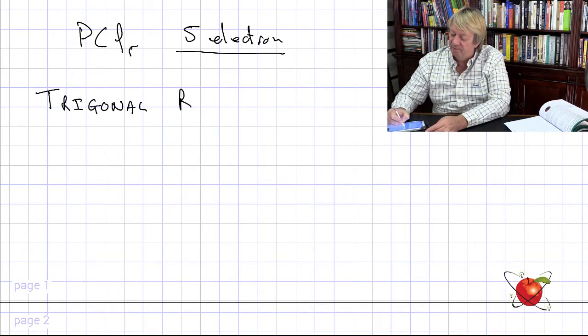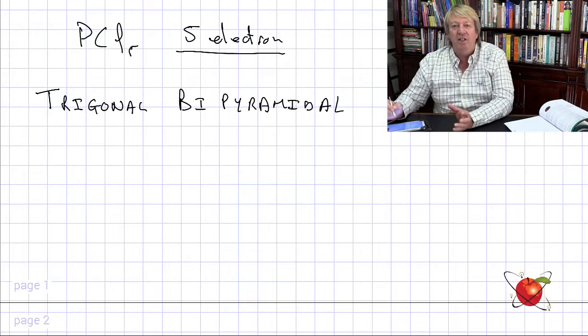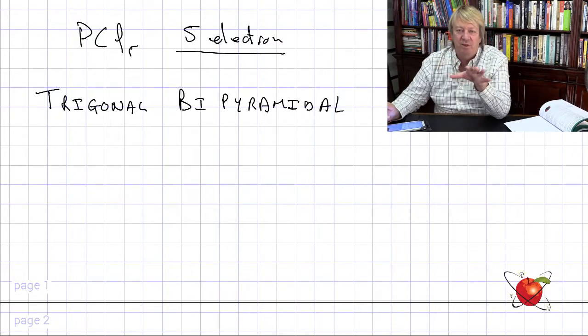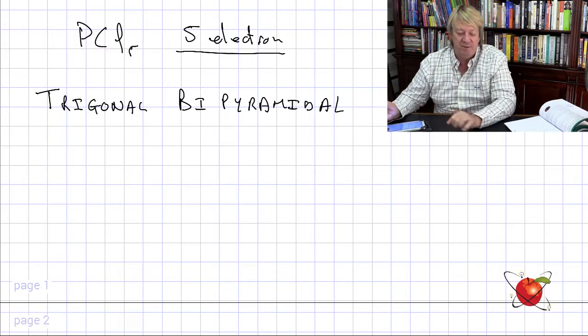I'm sure if you look in your textbook, you'll see a much better drawing of it than I can possibly represent with the lollipops I've got, because I don't have enough hands to do it.